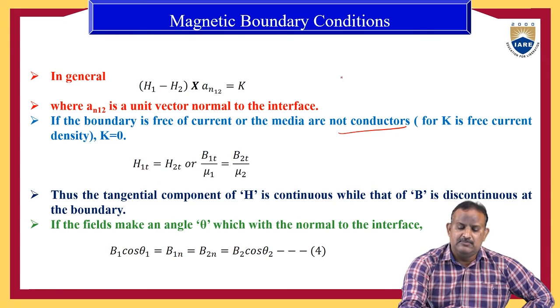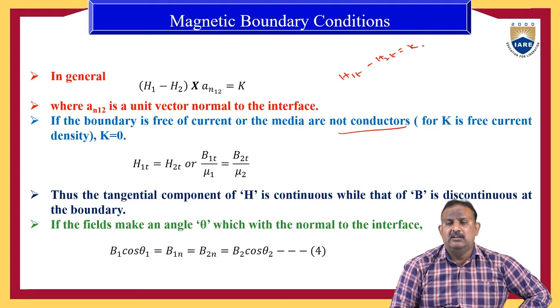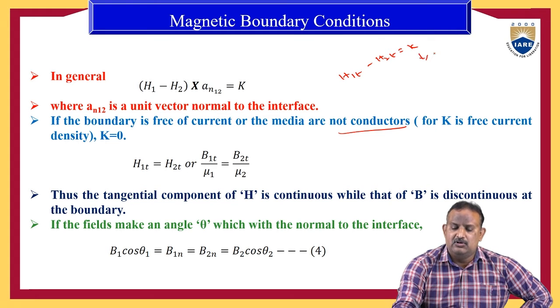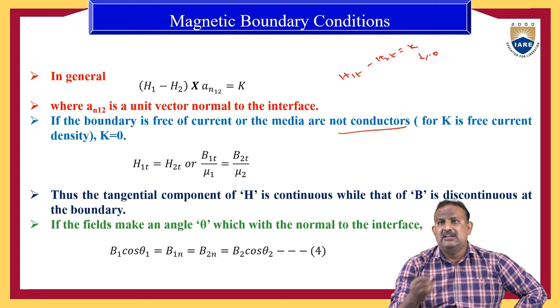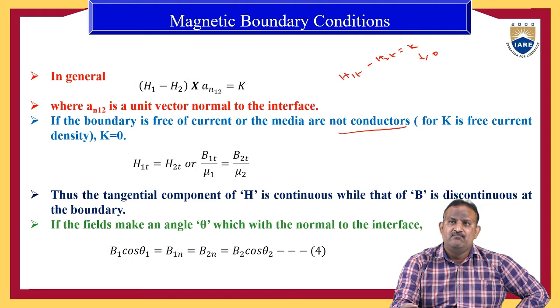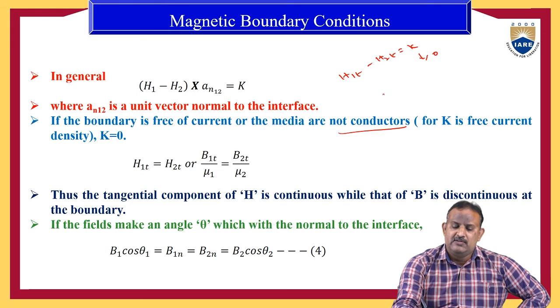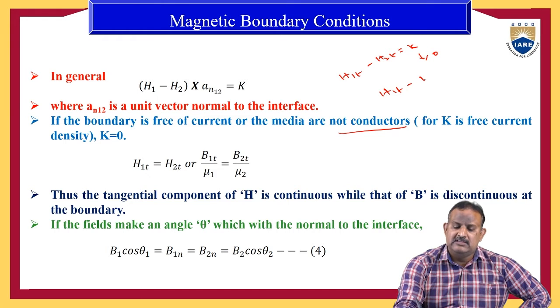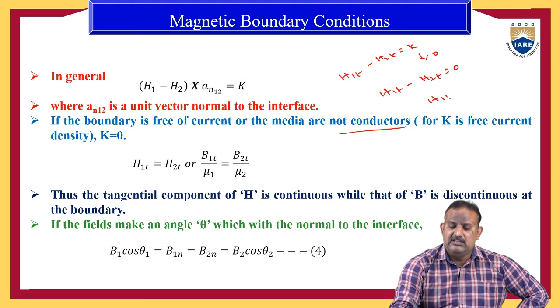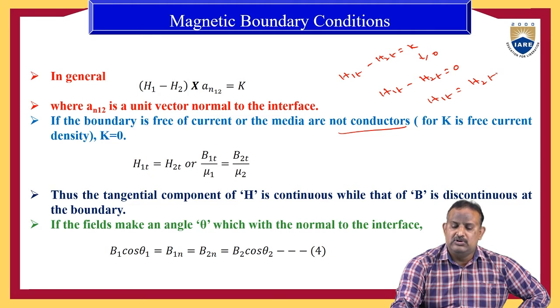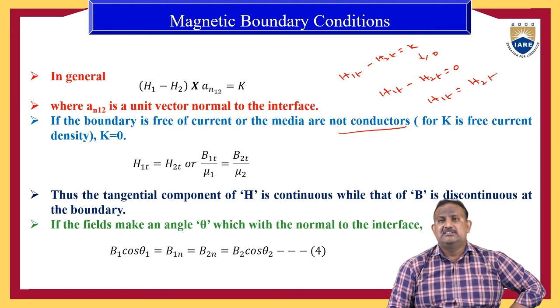Therefore the equation H1t minus H2t is equal to K. When K is equal to 0, because it is not a conductor, the current is 0 and automatically K becomes 0. Therefore H1t minus H2t is equal to 0. Therefore we can write H1t is equal to H2t.